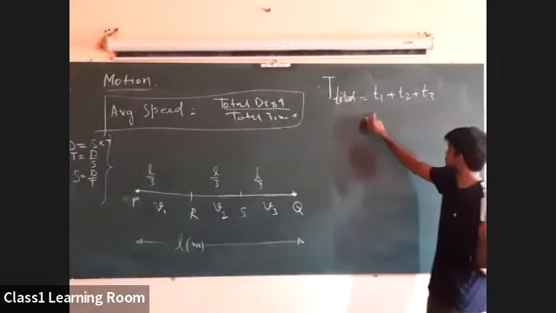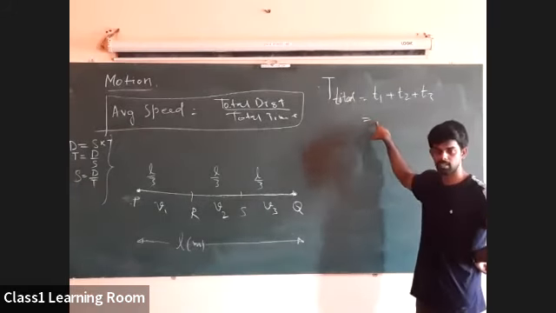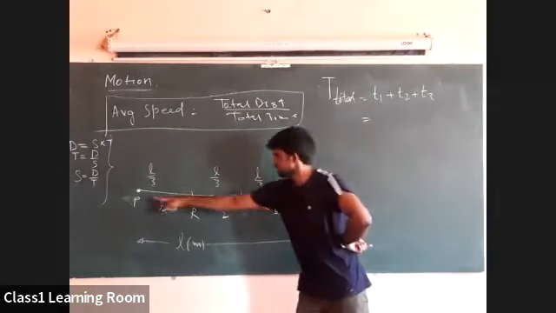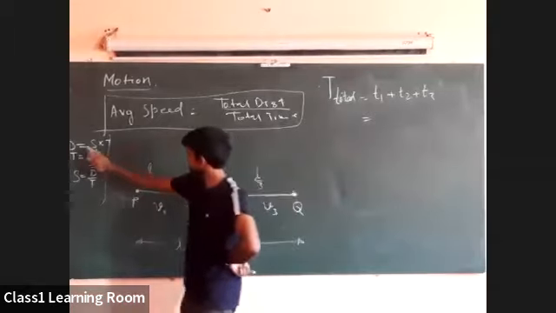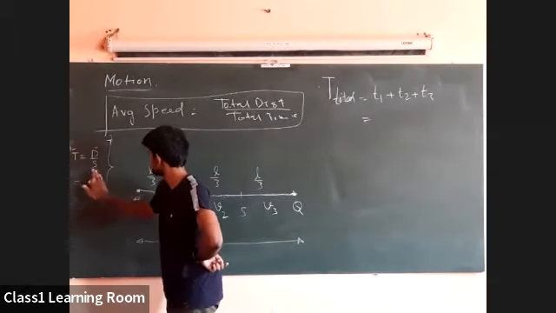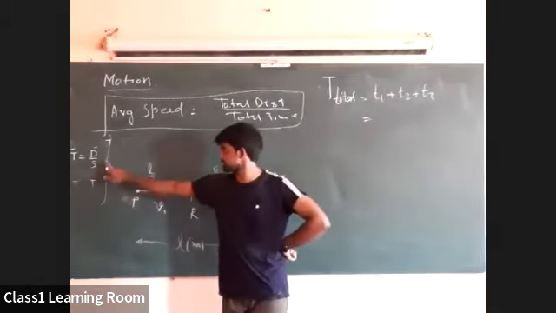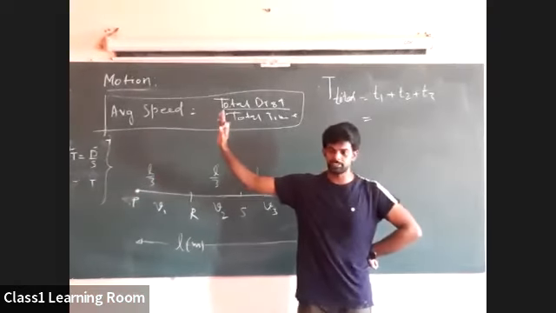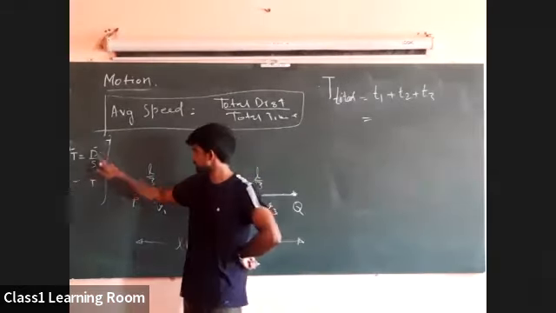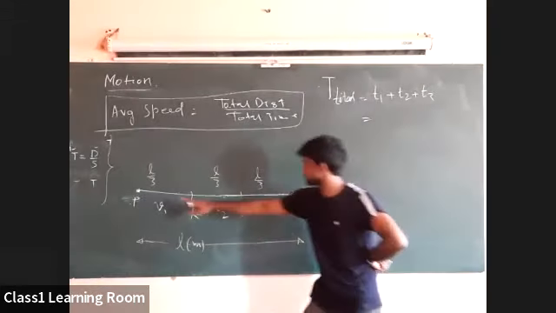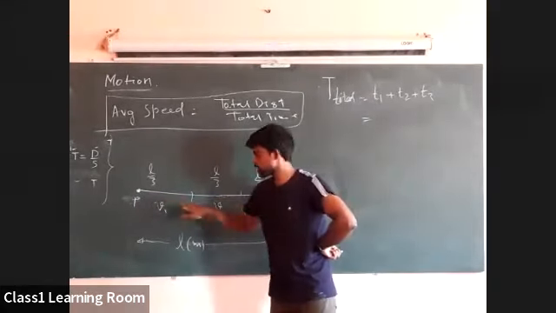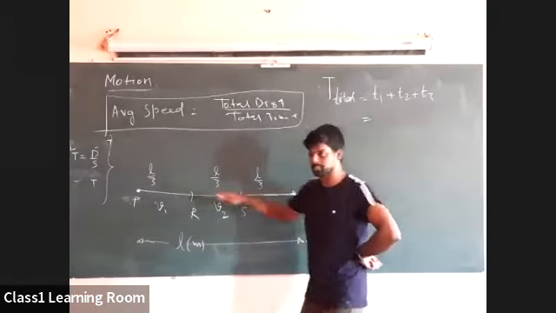Let's do it. So T1 will be how much? How do we find time? Distance by speed. Look, everyone, I'll do one. How much is the distance from P to R? L by 3 is the distance.